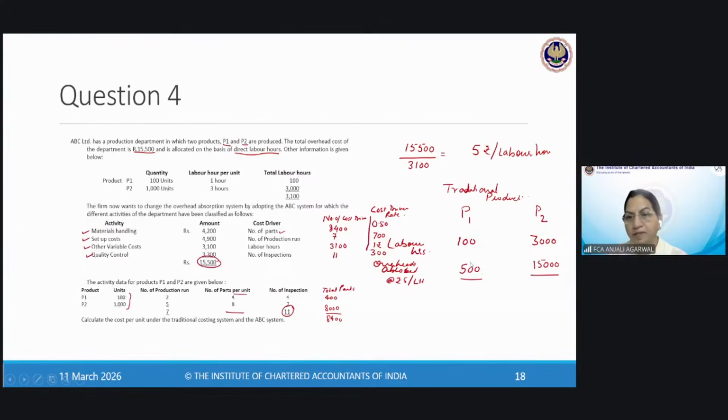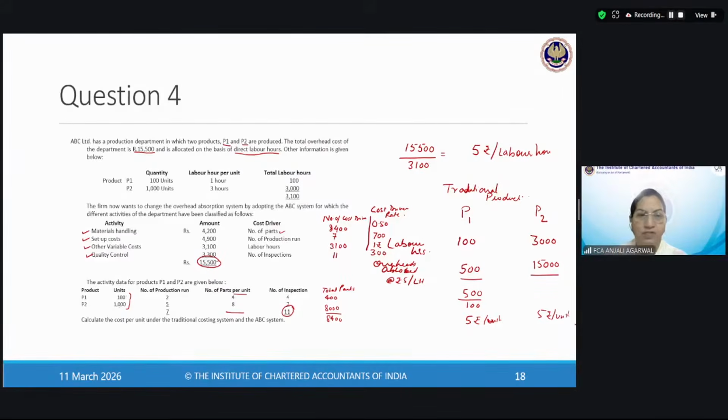Whereas under the traditional method, it was 500 divided by 100, 5 rupee per unit only. And here also 15,000 divided by 3,000, 5 rupee per unit.